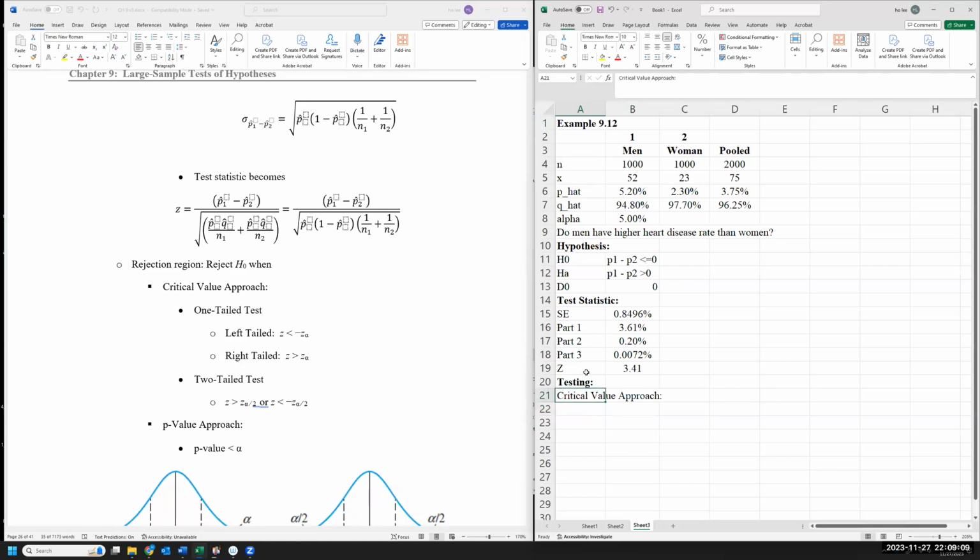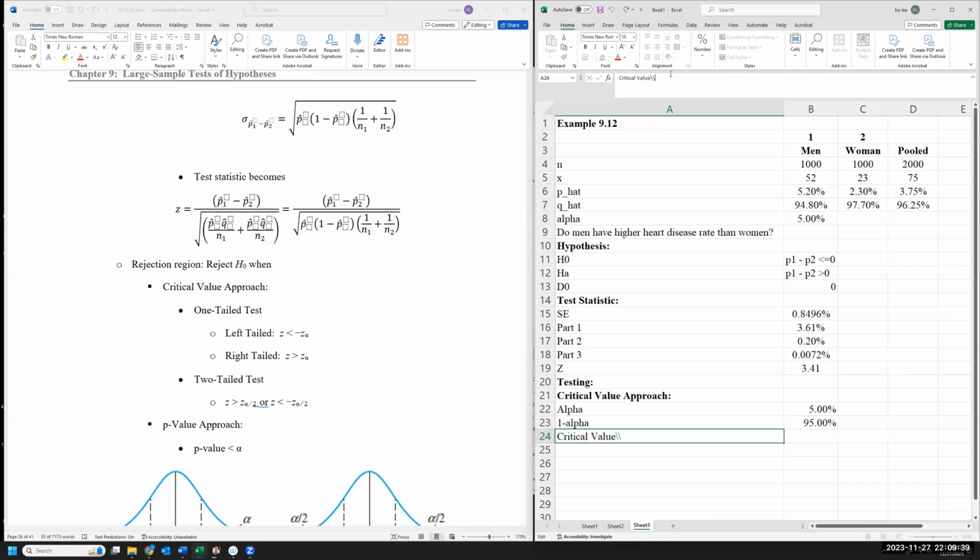So for the critical value approach for a one-tailed test, we have the alpha of 5%. Then we're going to do 1 minus alpha. We don't have to do alpha divided by 2 because it's not a two-tailed test. That's 95%.